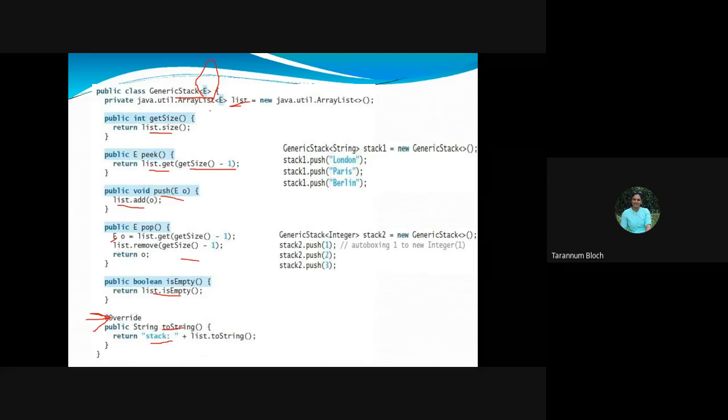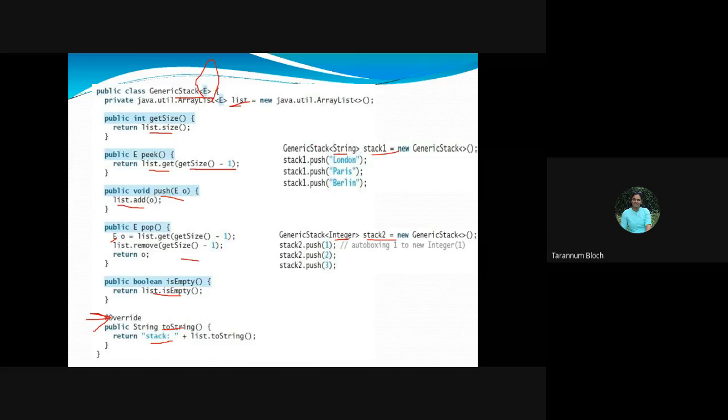It could be any data type. So the first object of GenericStack, stack1, is holding string type values, and the second object, stack2, is going to hold integer type values, right?